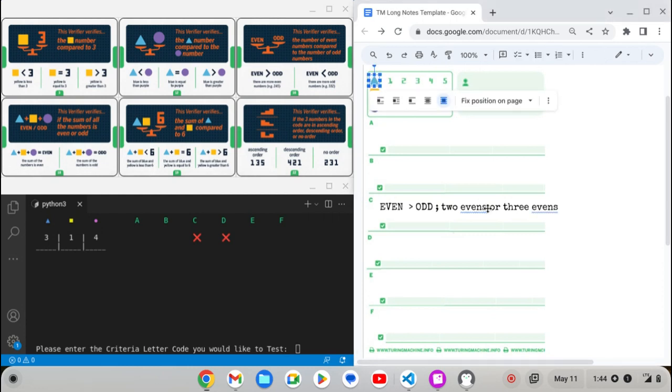So I'm going to put in my notes that triangle plus square plus circle. Again, my proposal is even, so that means the sum should be odd.